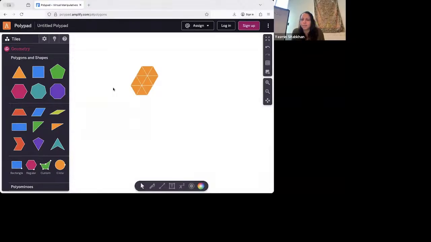I see some good shapes being made with triangles, with squares, with rectangles.